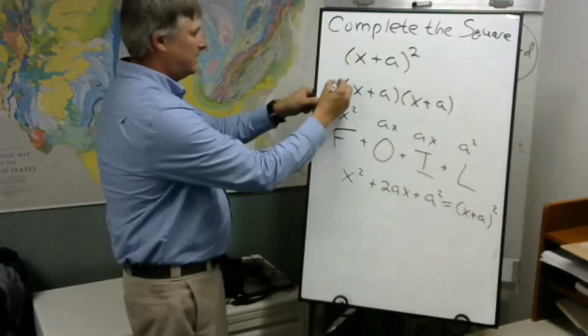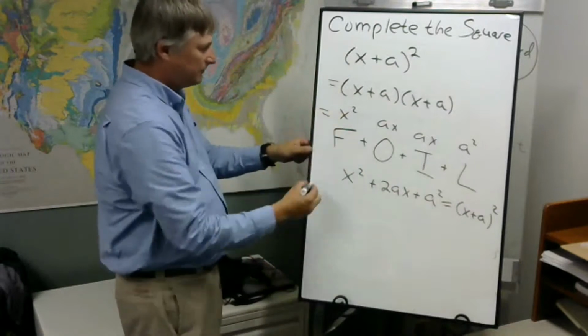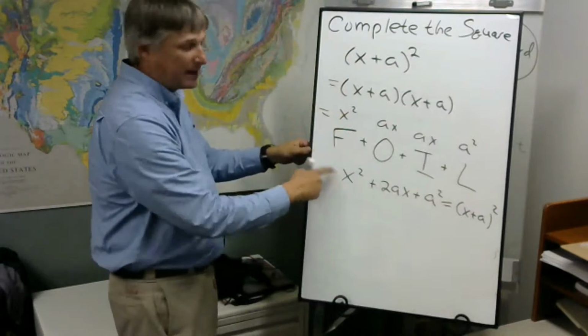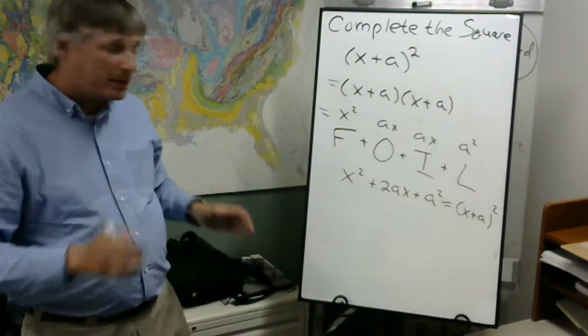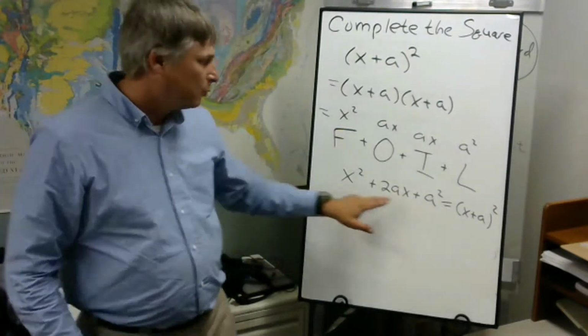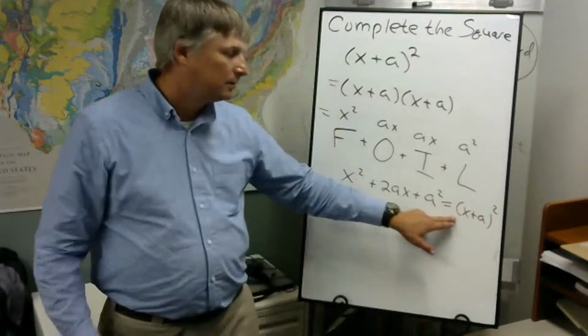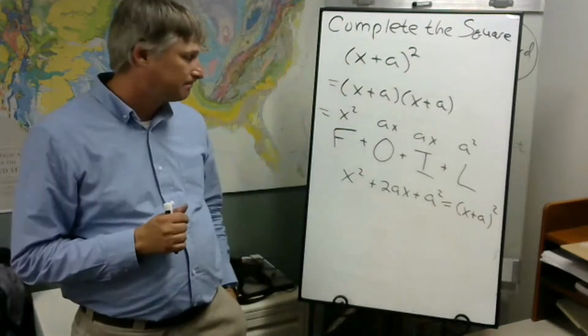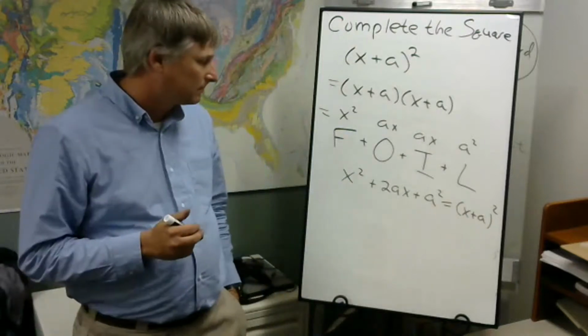Went to here, which is equal to this, which is equal to our FOIL, which was equal to that. So if we have a quadratic that's like this, we can rewrite it as that. That's all that it says.